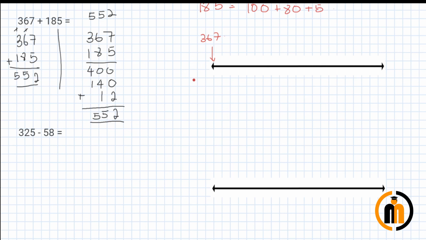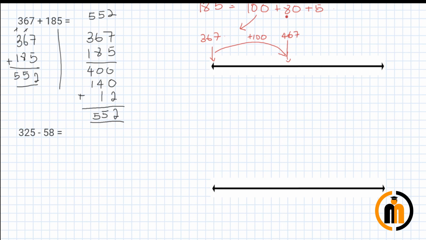To understand a number line, when you are doing addition, the numbers are increasing, so they will go onto the right side of the number line. So we have 367, we can add 100 first, which will give us 467.